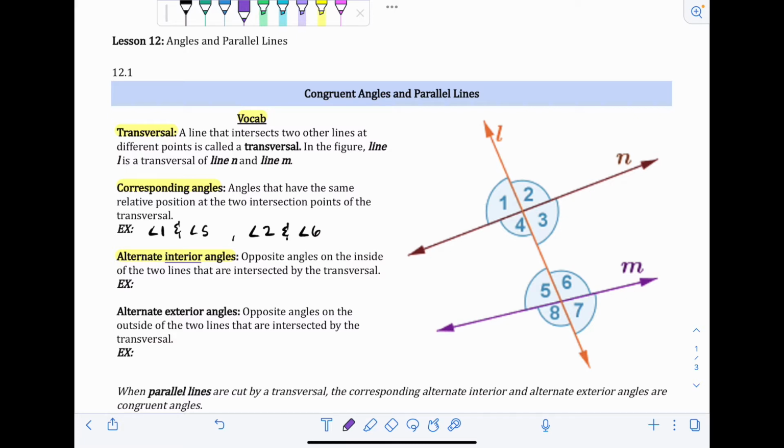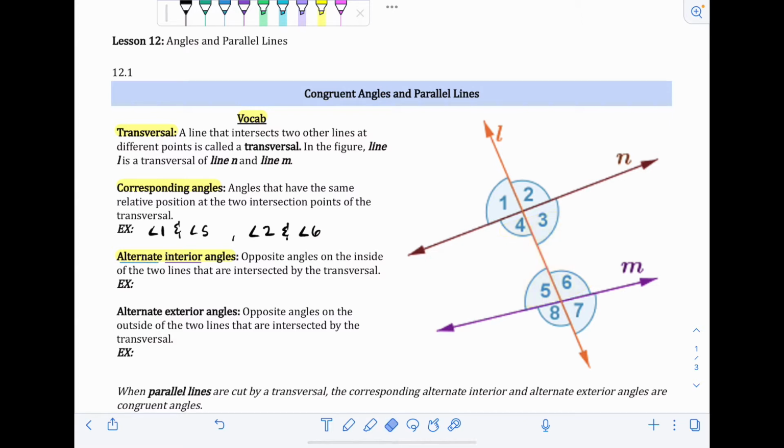Anytime you see alternate interior, the word interior should trigger your mind that I'm only looking at the ones that are inside the two lines. And alternate means on opposite sides of the transversal.